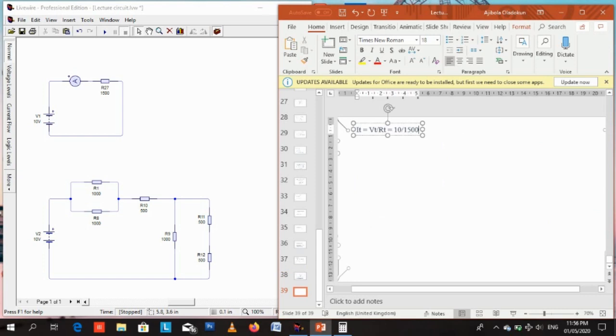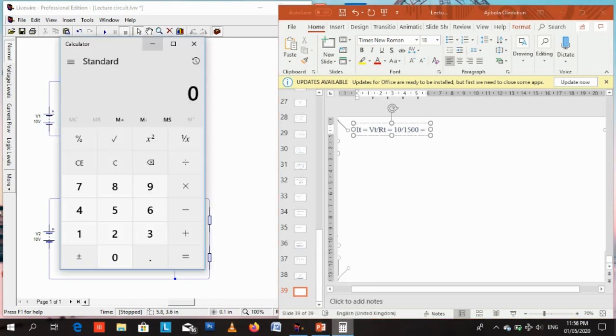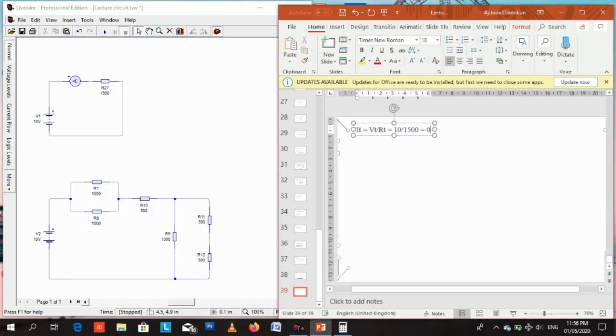So whatever answer you get will determine the current. Let's bring out a calculator and say 10 divided by 1,500. That gives us 0.0067 amperes, capital A. 0.0067 or 0.00667, whichever one you prefer.